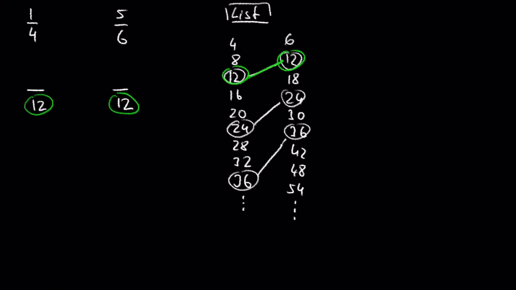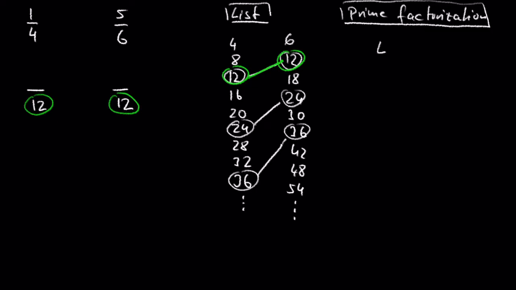Another way is using the prime factorization of each number. The prime factorization of 4 is 2 times 2. And the prime factorization of 6 is 2 times 3.